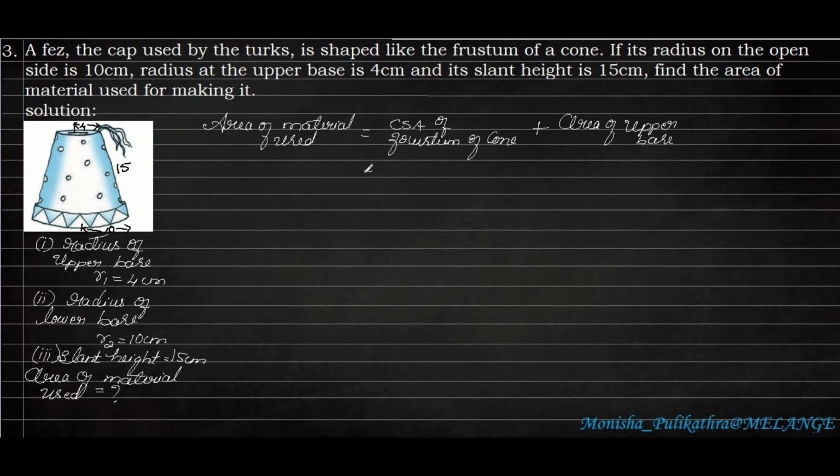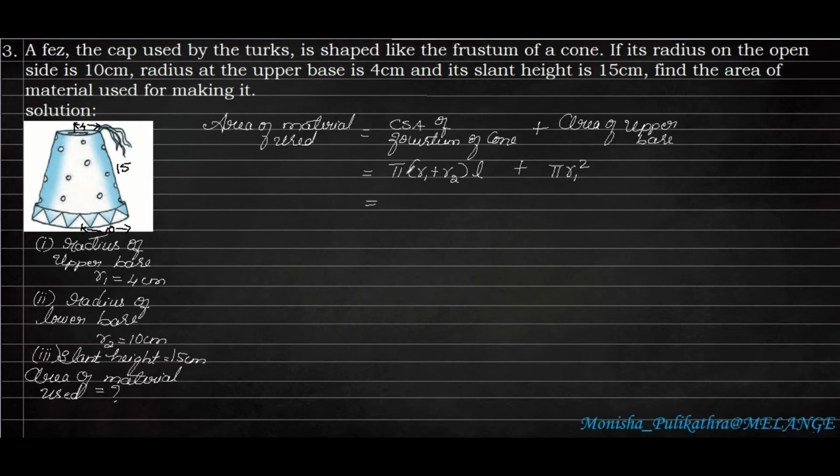So next, the surface area: the curved surface area of a frustum of a cone is given by pi into r1 plus r2 into L, plus area of upper base, which is given by pi r1 square. Upper base r1 is given as 4 centimeter.